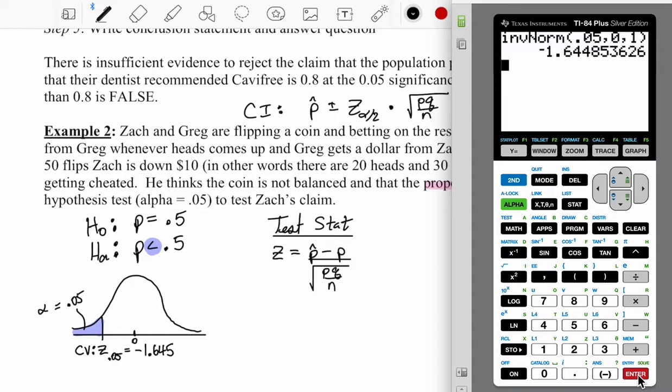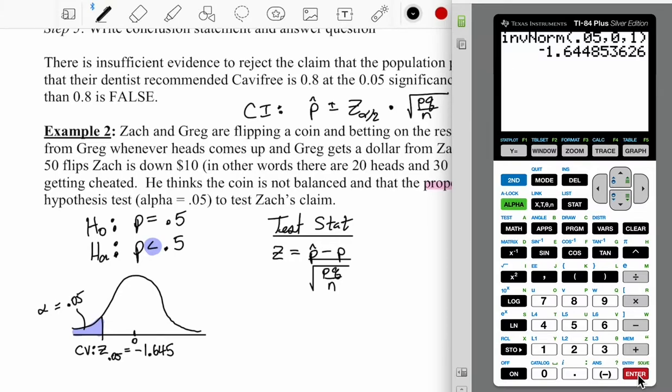So it's got the same ingredients. We found a z-score. We need to find p hat. We need the square root of p q over n. We're just using this to find a z-score rather than finding an interval.